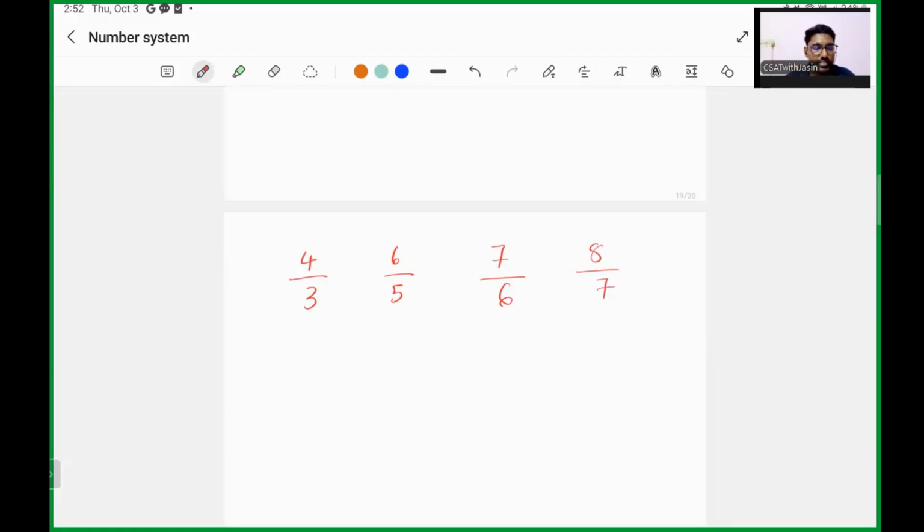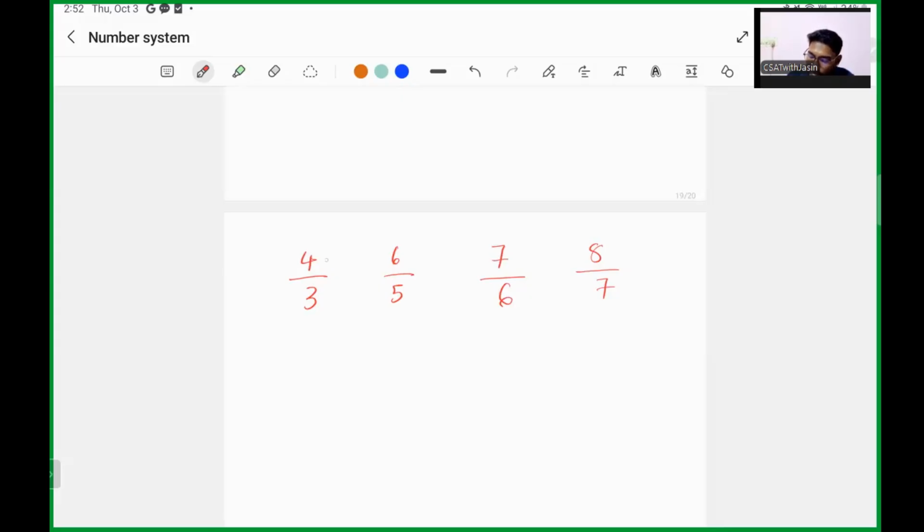So others, what do you think the answer is? So given fractions, are they proper or improper? Numerator is greater than the denominator. Then it is improper fractions, right? All these are improper fractions.